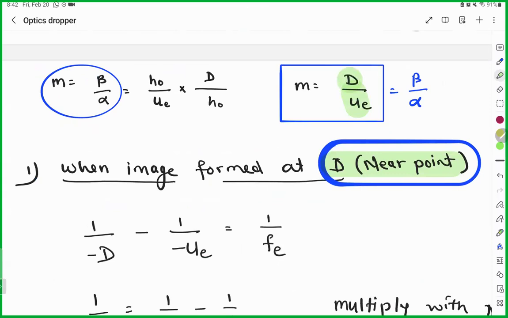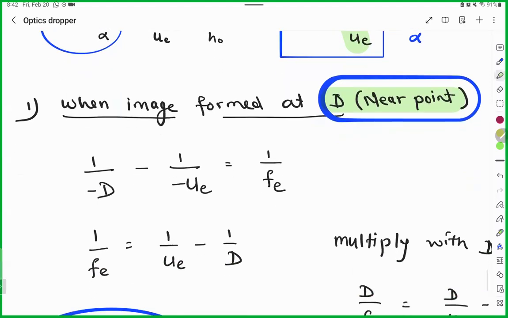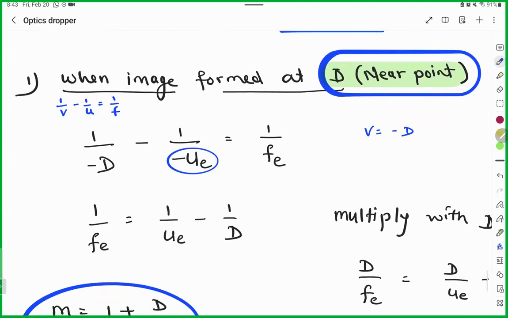D by UE for the eye. Now the key point: there will be two situations. If the image is formed at D, the near point, then the V value will be equal to minus D because it is placed on the left hand side. And you use the normal lens formula, 1 by V minus 1 by U is equal to 1 by F. So the U value is minus UE and F is the focal length of the eyepiece.